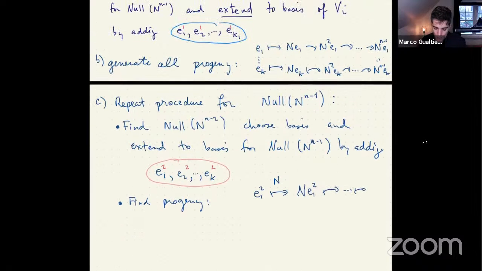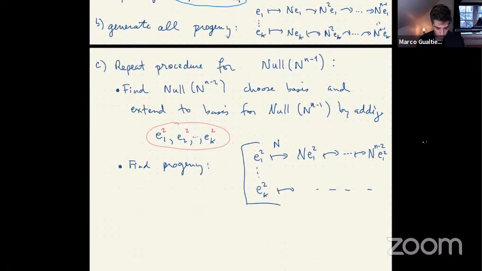Okay, and we need to do one fewer. So we go n to the n minus 2, E12. And we do the same thing for EK2. Okay, and we just continue this for all steps.